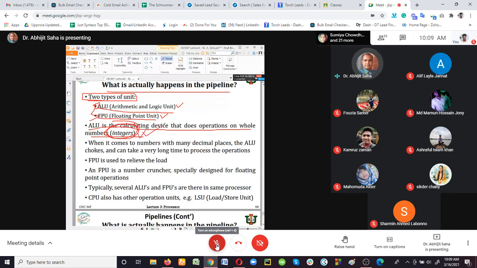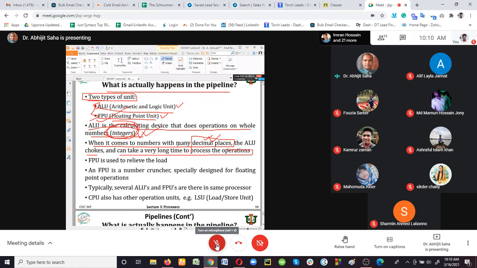But when it comes to numbers with many decimal places, I mean a complex number or a very big number with decimal places, the ALU chokes. The ALU is not really able to work with bigger decimal numbers. So what happens then? That is where you have the FPU. It can take a very long time to process these operations.